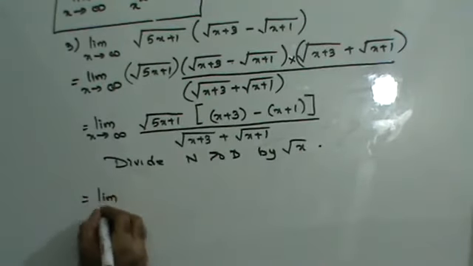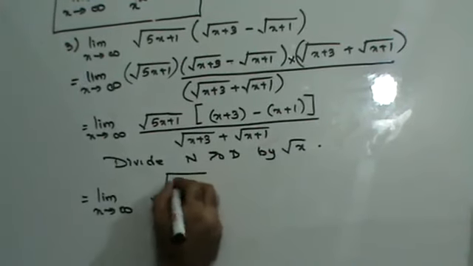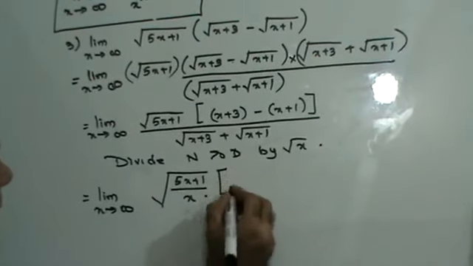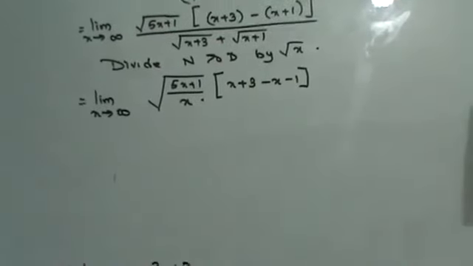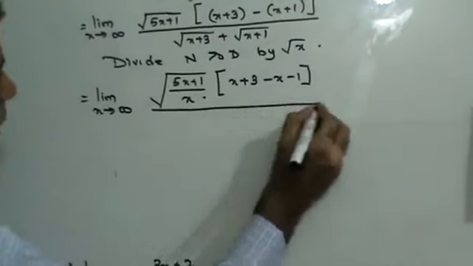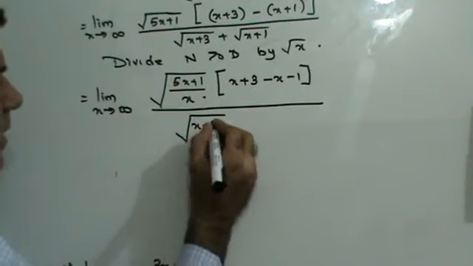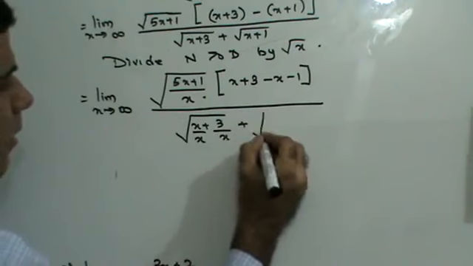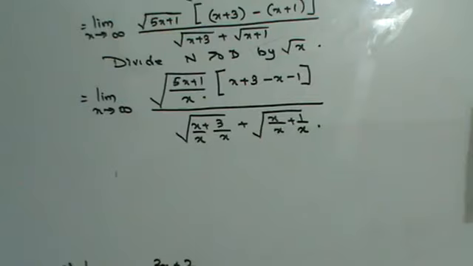So limit of x tends to infinity, this is root of 5x plus 1 upon x. Now this bracket is going to be x plus 3 minus x minus 1. If I open the bracket, upon, I'm going to divide each term by root x. So this is going to be root of x upon x plus 3 upon x plus root of x upon x plus 1 upon x.